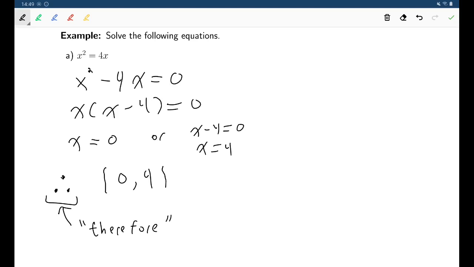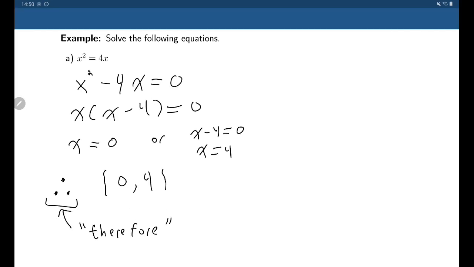And what I've got next to it, I have 0 and 4 placed inside of curly brackets. Whenever I'm using curly brackets, like I'm using here, that's to indicate a set or a collection. So therefore, this is the collection of all of my solutions. x can be 0 or x can be 4.